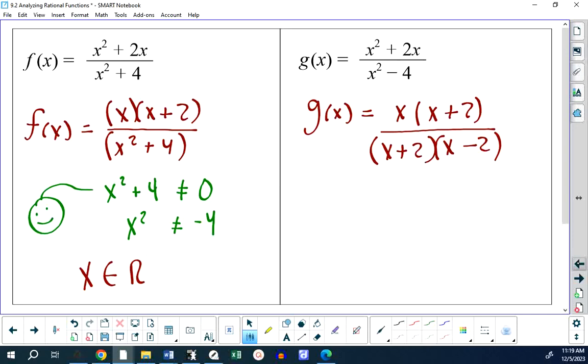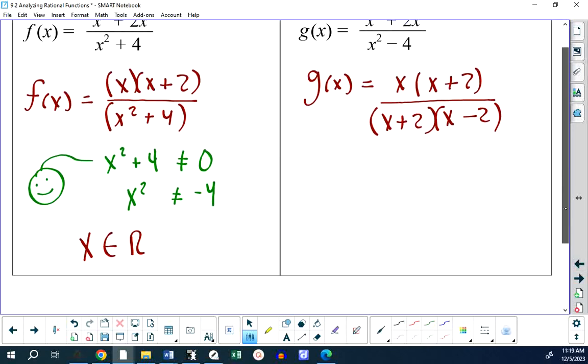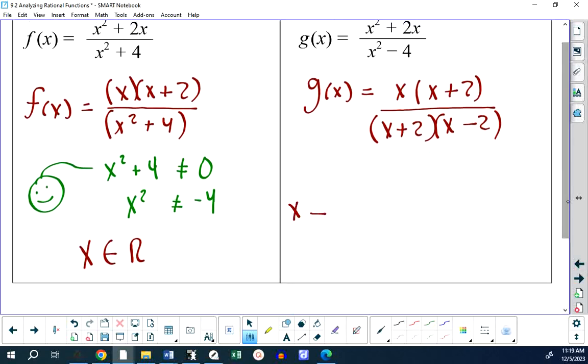So first of all, by factoring everything completely, it reveals the non-permissible values of x. Remember, with a rational expression, you eyeball the denominator, because if the denominator is 0, that's not allowed because you can't divide by 0.